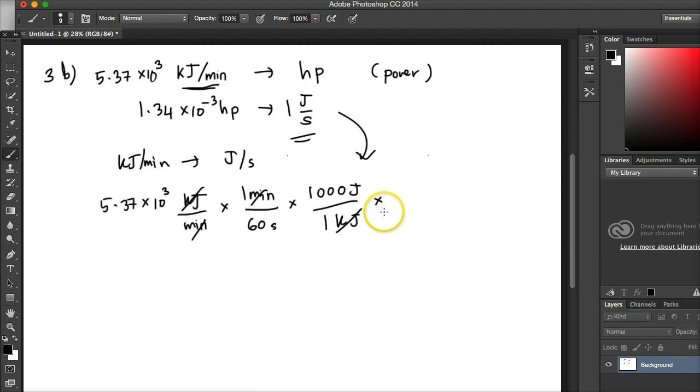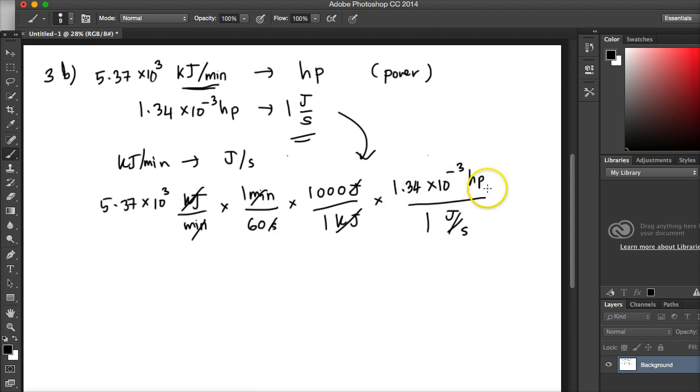So how do we do this? So we get joule per second. So we can convert it: 1.34 times 10 to the power minus 3 horsepower is equal to 1 joule per second. So this is joule per second, and this is 1 over 1 joule per second. So we can cancel this out.